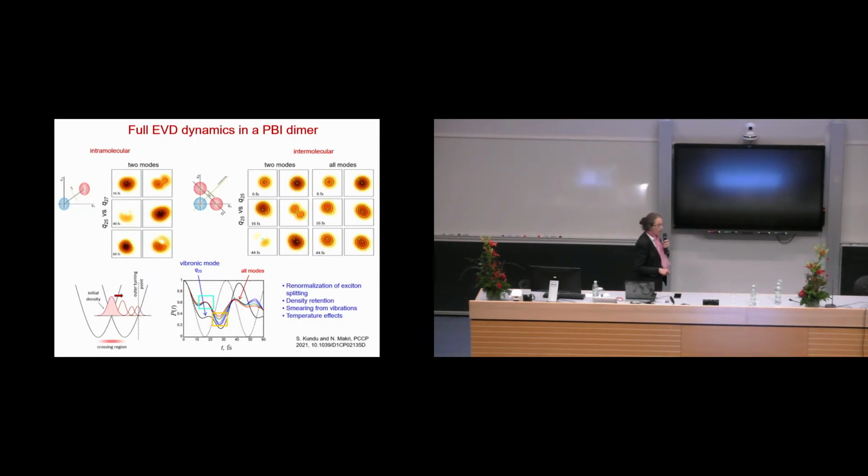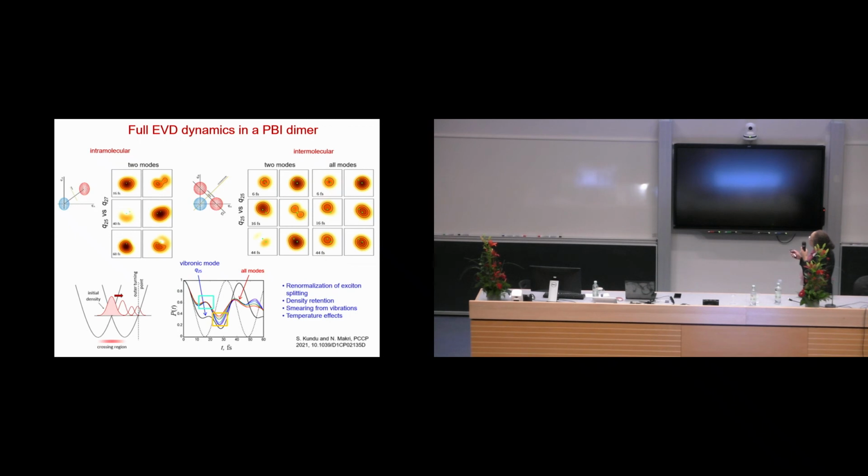I'm going to show you pictures of the electronic vibrational density again, and this is for the dimer. On the left here, I have just two modes, and I'm showing you the density as a function of these two modes. You see that these modes are strongly coupled, so the density is not Gaussian at all. In fact, it develops interesting structures and even internal holes. We can see the projection of the density in this picture.